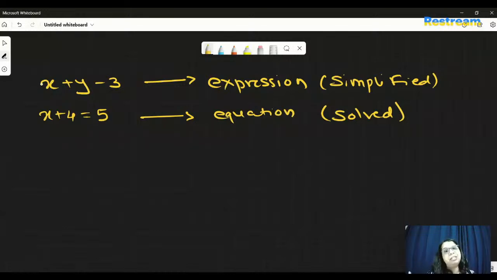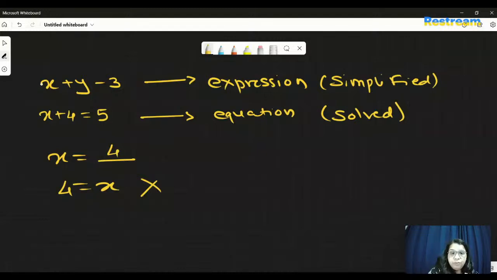So it's like a vessel. The first rule of algebra is you will always write x equal to something. Let's say x equal to 4. 4 equal to x? No. Why? I will explain as we go into equations, but you have to remember this. So x is like an empty variable. x is different, y is different.